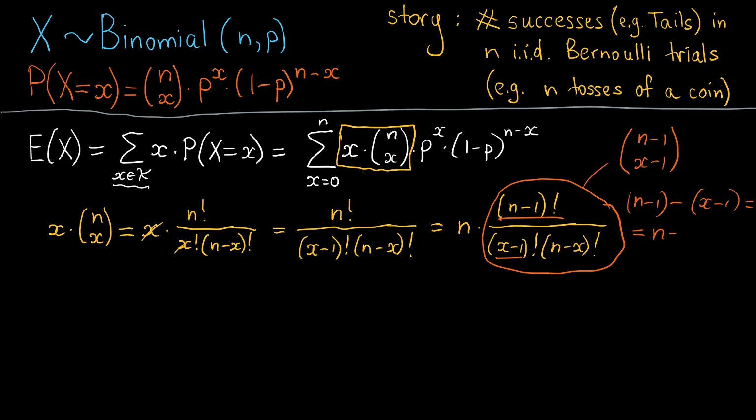It's just n minus x, because the minus 1 with the plus 1 will go away. Okay, so that is pretty cool now, because we have shown that this expression on the right equals n times n minus 1 choose x minus 1.